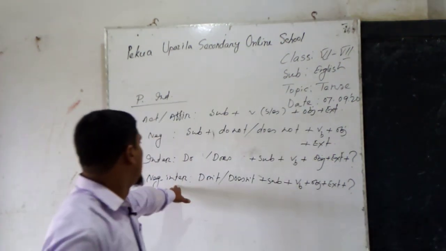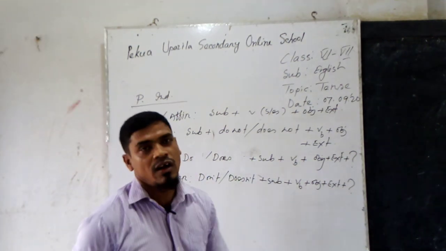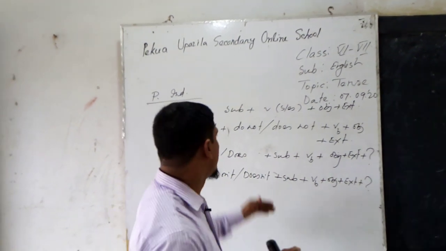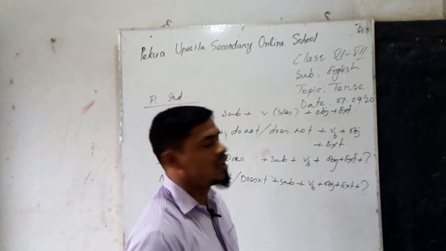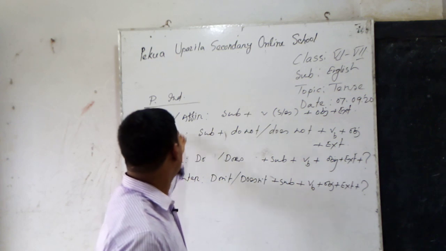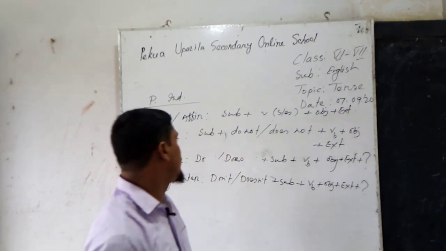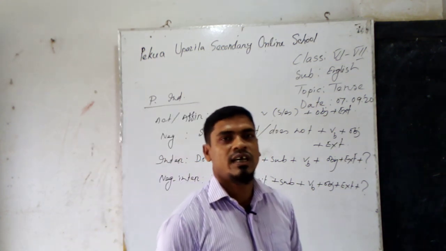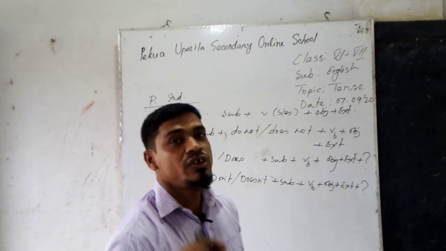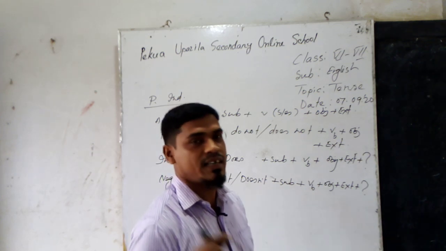Dear students, if you examine these four structures of present indefinite tense, you will find a little bit of difference among these structures. If you know how to make interrogative form from affirmative form, you also know negative interrogative form of this tense. That's why you have to be very attentive to find out the ins and outs differences from each structure.